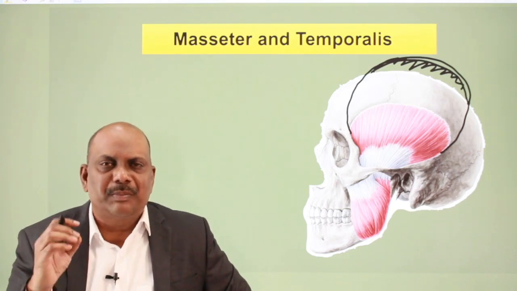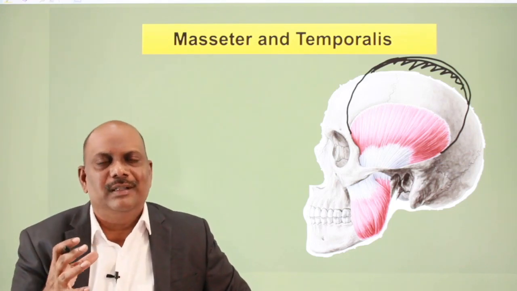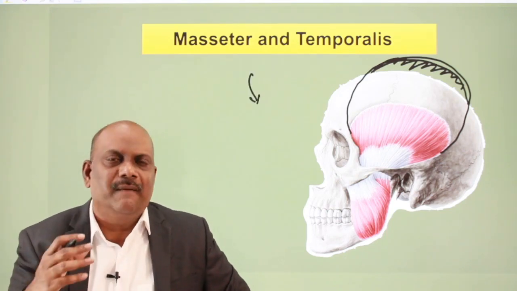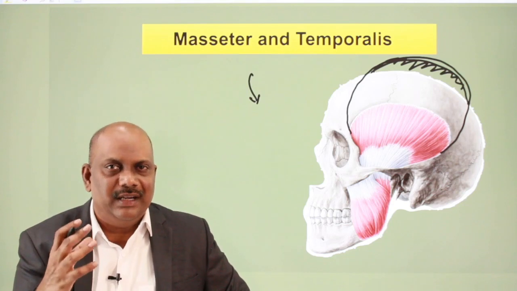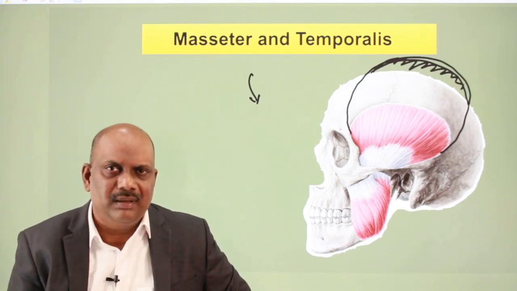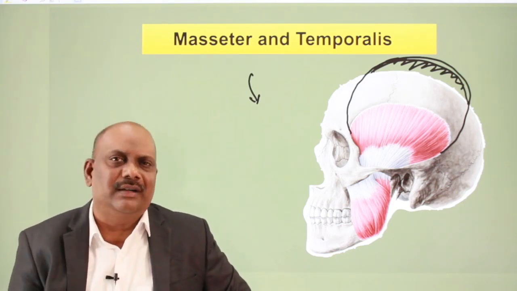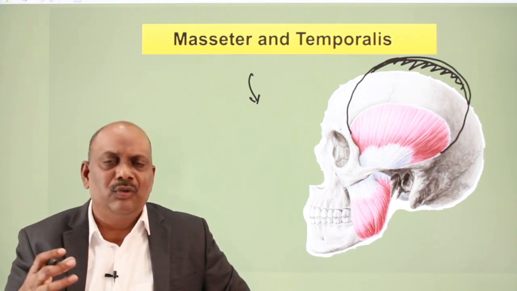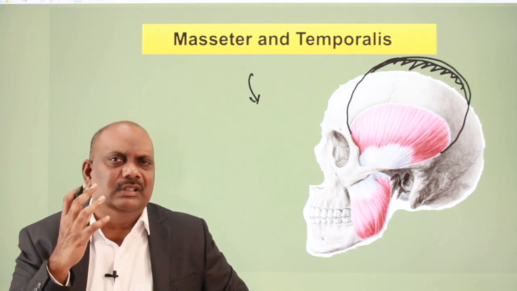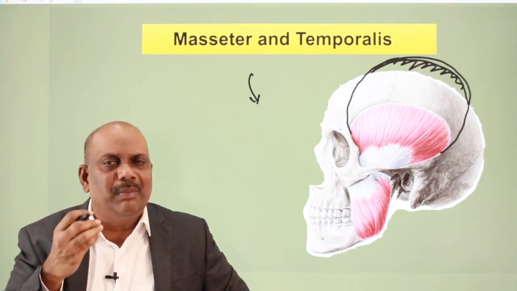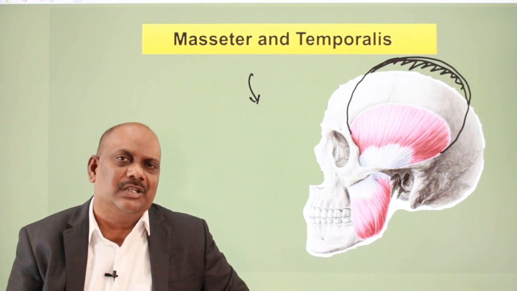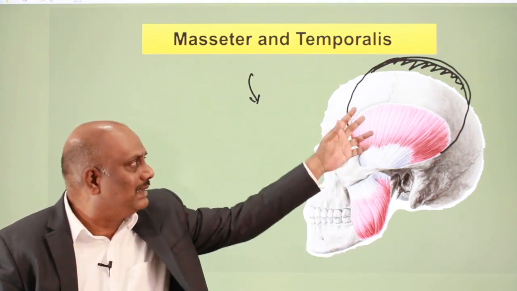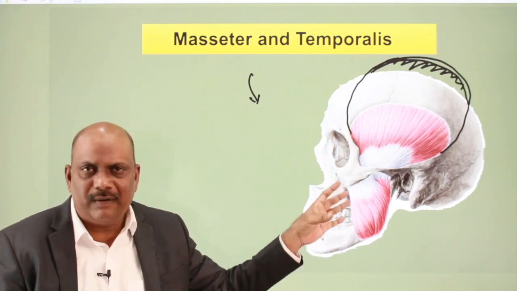So the sagittal crest provided attachment areas for the muscles. But in the course of evolution, when our ancestors started eating processed food, from the period of Homo erectus, there was no need for these large muscles, because there was no need to bite and chew the food to a greater extent. So the masseter and temporalis started becoming smaller and smaller.